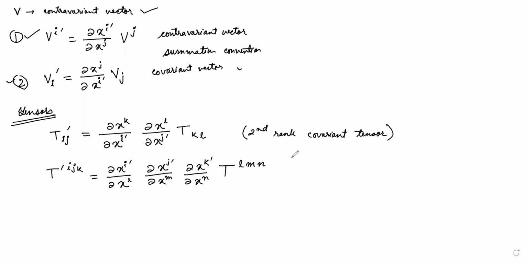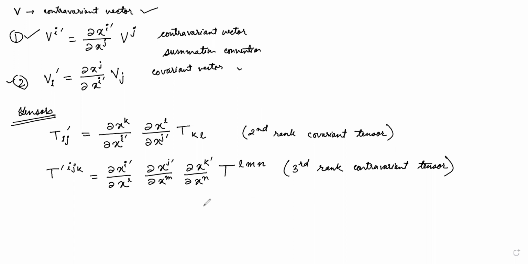If the components transform according to this rule, then we say it is a third rank contravariant tensor. This is how the components of a third rank contravariant tensor transform.